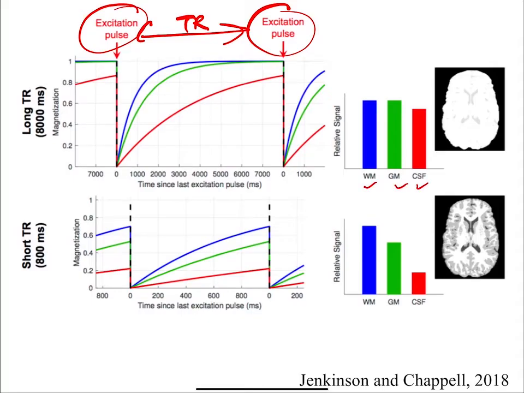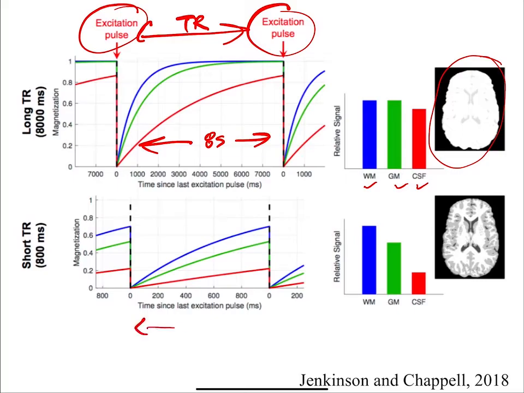So you can see if my TR is fairly long, in this case about 8 seconds, which is quite long, then all the tissues have time to recover. So if you look at this image here, there's not much contrast, because they've all basically recovered so that they all have the same signal level.